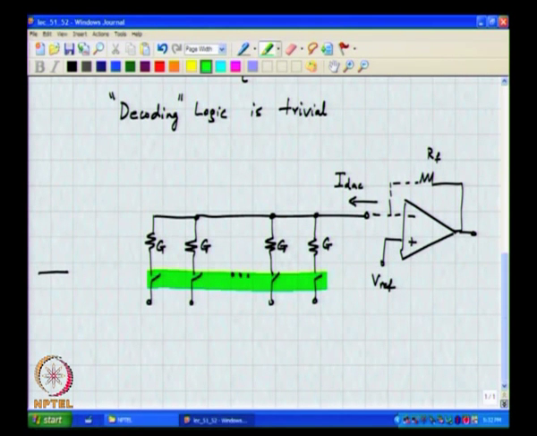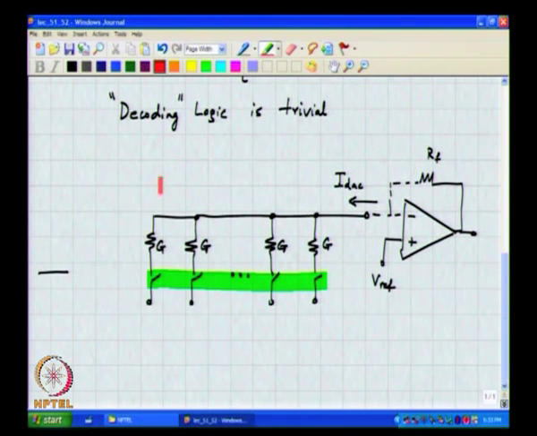When all the switches are turned on, 15 G times Vref flows, and depending on the amount of current you want, you can turn on as many digital switches as you want, correct.